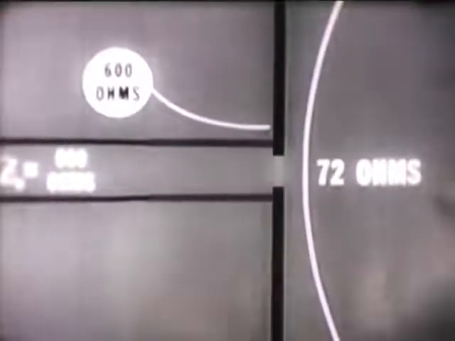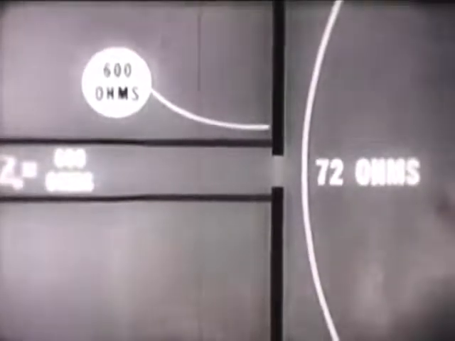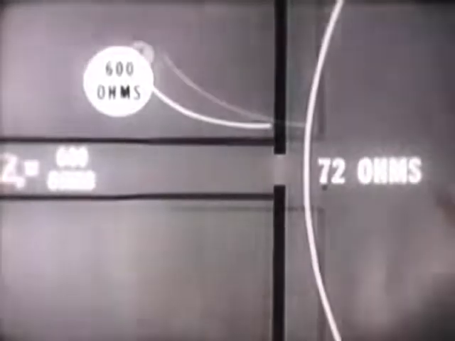We can get this matching value by simply shifting the Q-bars closer together or further apart, thus changing the impedance until we find a value to match 600 ohms. Once this value is found, impedance matching is completed, and we can look for maximum radiation from our antenna.